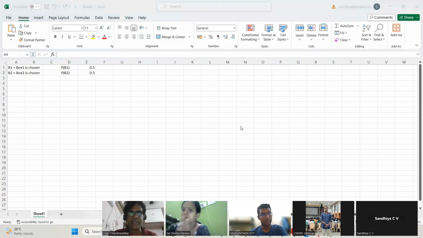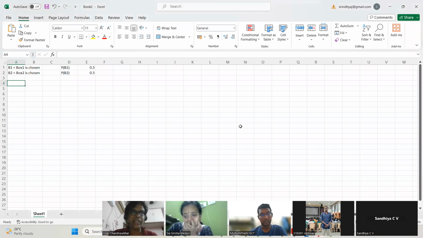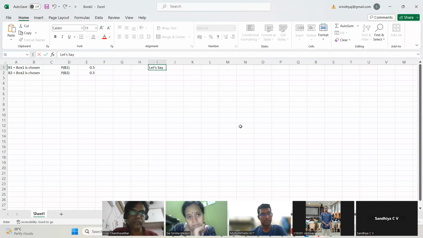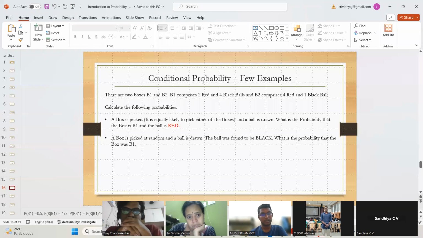Now let's look at this statement. The box is picked and the ball is drawn. Okay. Now, let us say you pick B1. Okay. Can somebody tell me what is the probability that the ball will be red?